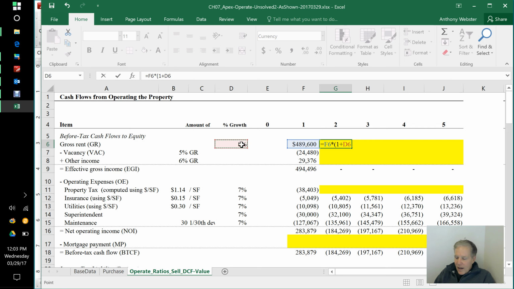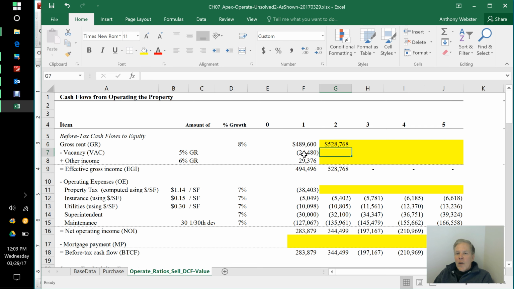And I do want to lock that down, so I'll hit function F4 on a Windows PC, and I get that. Okay, and then next step, the vacancy rate is assumed to be in every year 5% of the gross rent for that year.